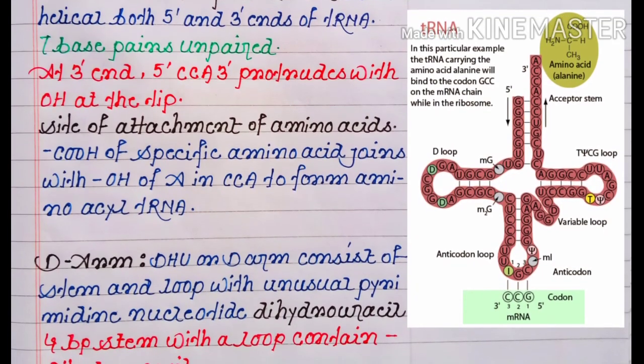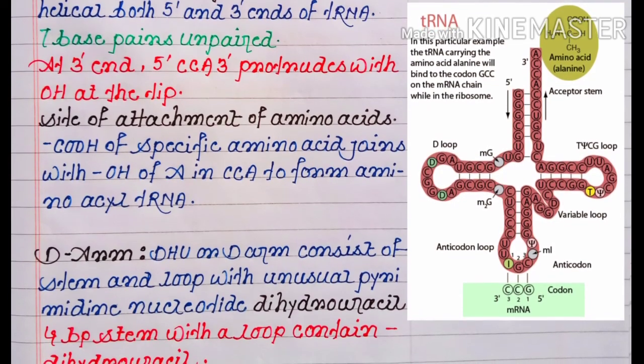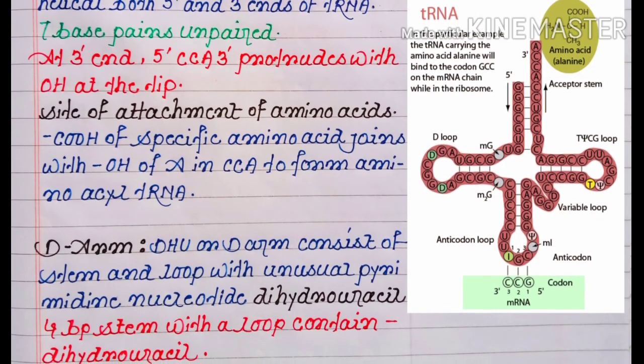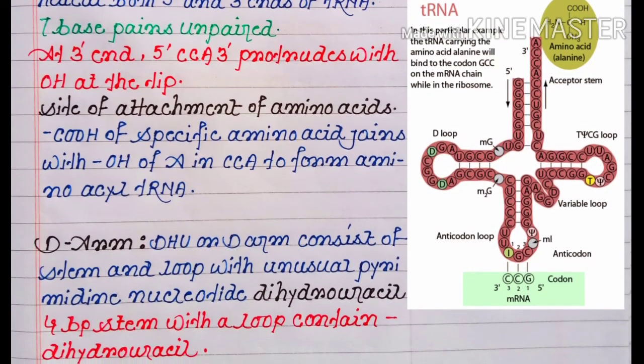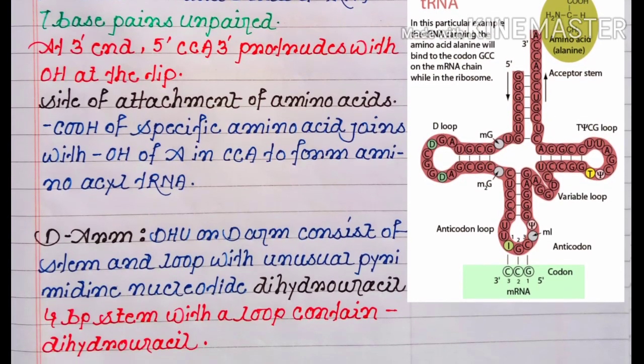The DHU or D-arm consists of a stem and loop with an unusual pyrimidine nucleotide, that is dihydrouracil.